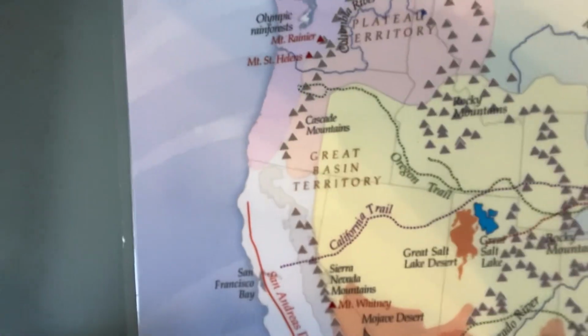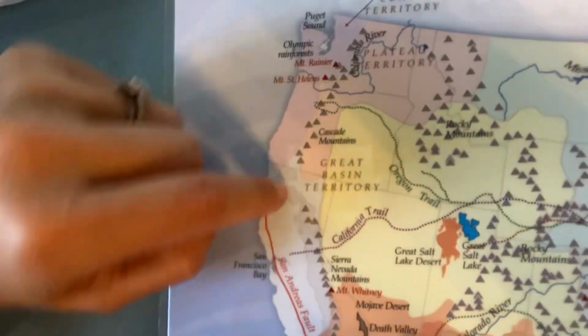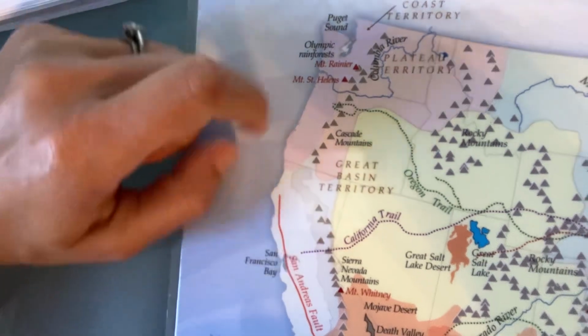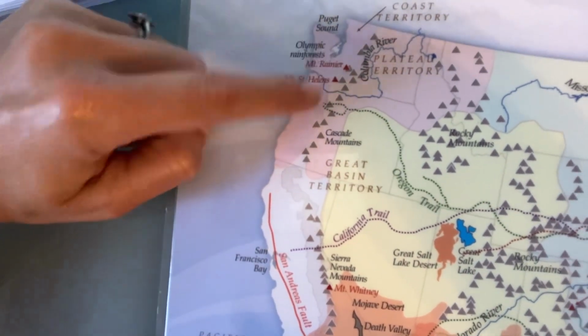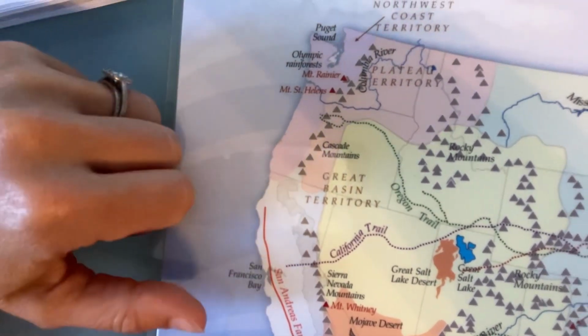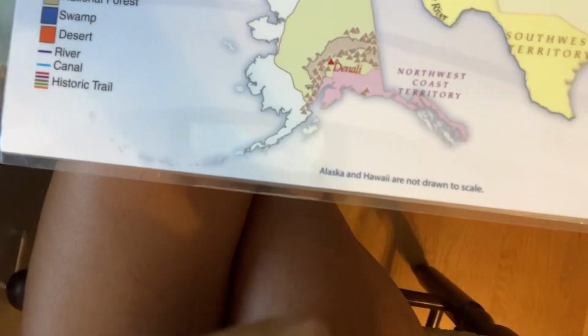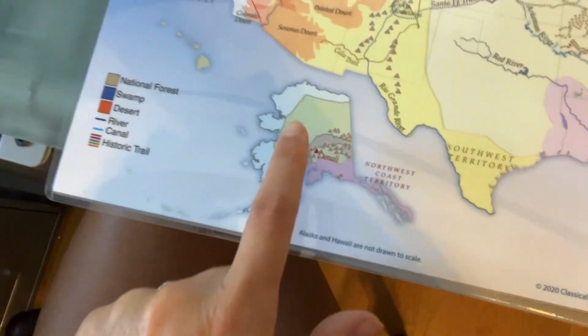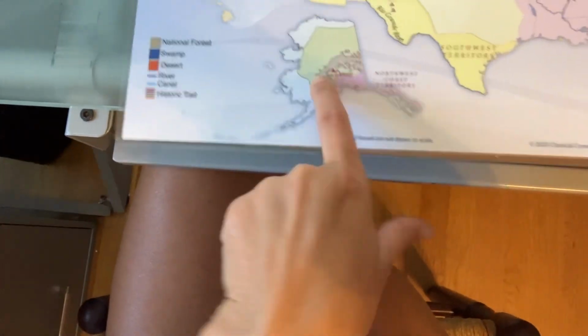U.S. Northwest Mountains, Cascade Mountains, Mount Rainier, Mount St. Helens, and then Denali is way over in Alaska. Denali, U.S. Northwest Mountains. So remember, Alaska's not down here where Mexico is. It's actually way up here. That's why it's in the Northwest, okay?